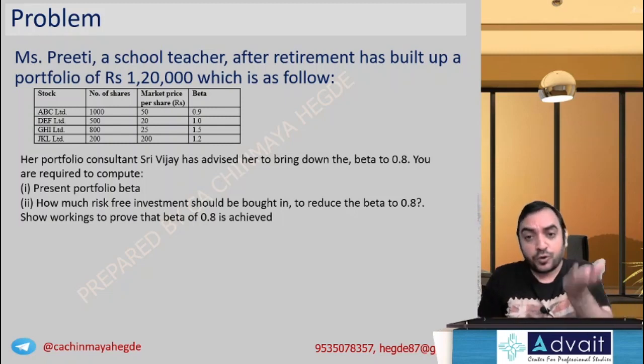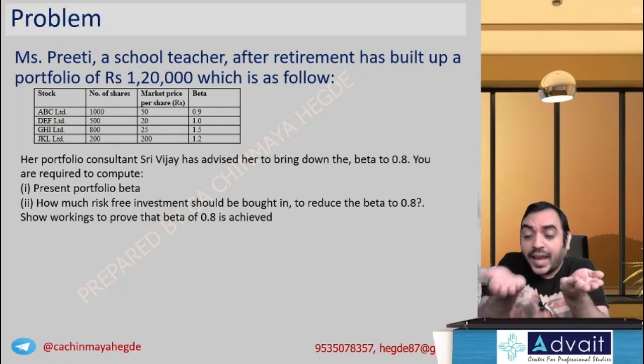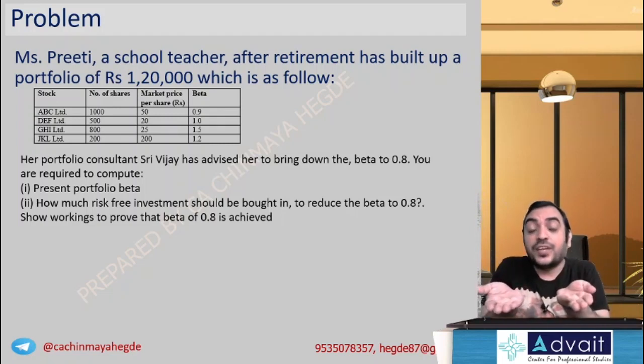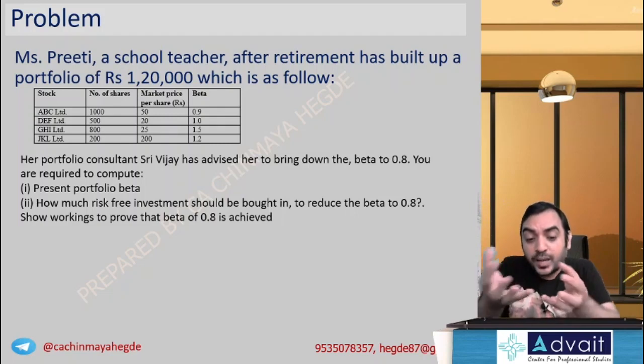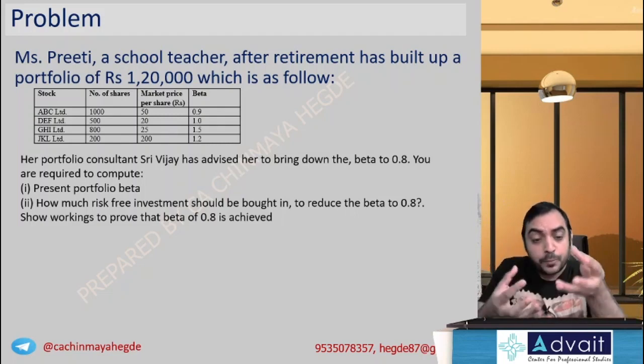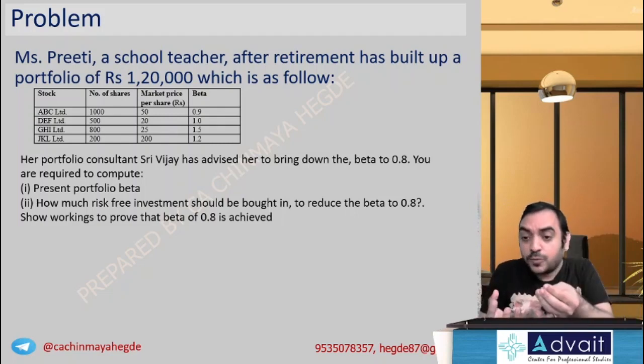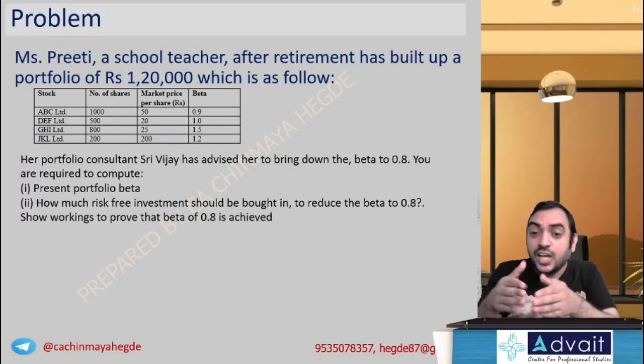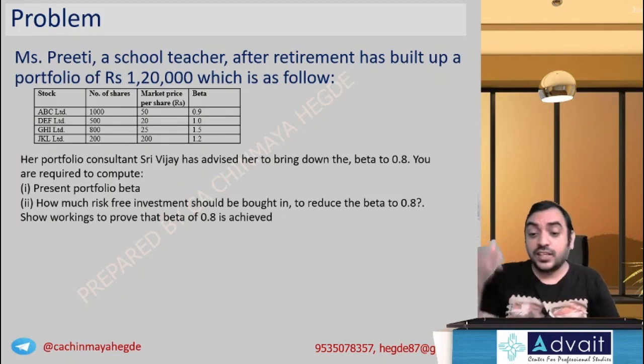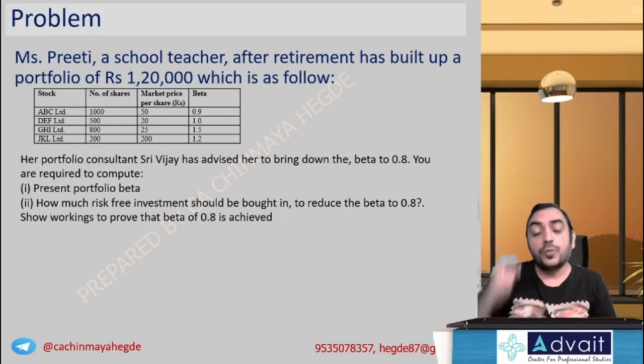Your existing portfolio, we don't know, we have to calculate. Let's say 1.7 beta. If I add a risk-free investment which has a beta of 0, when I merge both, 1.7 and 0, this will come down. That's what they're asking: how much should be added such that it reduces to 0.8. Two interpretations are possible.